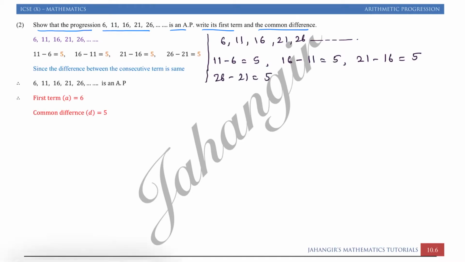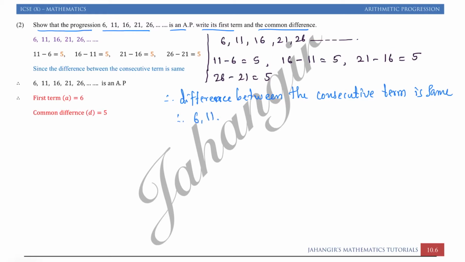So therefore the difference between the consecutive terms is same. So therefore 6, 11, 16, 21, 26 is an AP. Hope this part is clear.